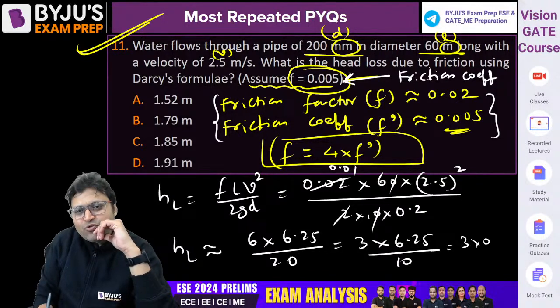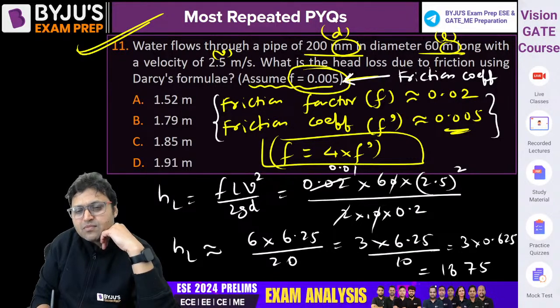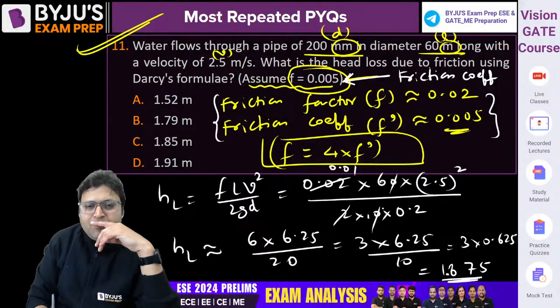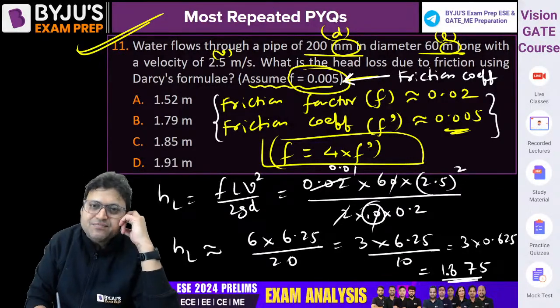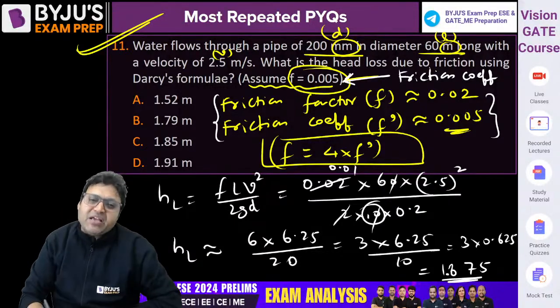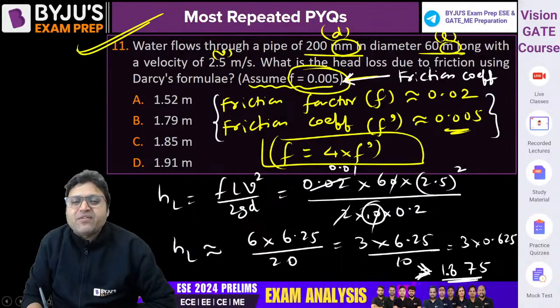So 3 into 0.625. What is the value? 1.875. And because we have taken G as 10, G should have been taken as 9.81. If you take G as 9.81, it will be greater than 1.875.